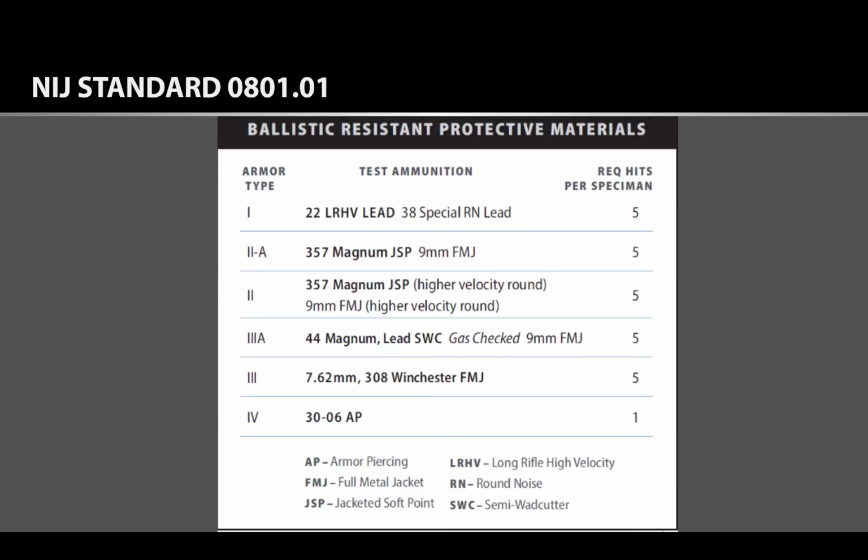So there are some similarities and some synergies to UL 752. They can even have windows and doors that are tested in conjunction with this standard as well. As you can see just on the chart there, they're 9mm, 357, 44 magnums, 7.62 NATO rounds, and 308 rifle rounds as well, just like we had in the UL 752 standards.